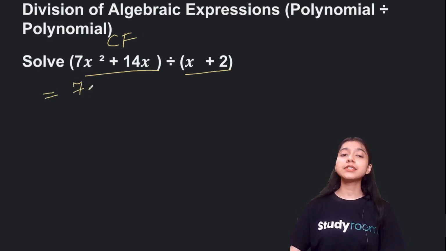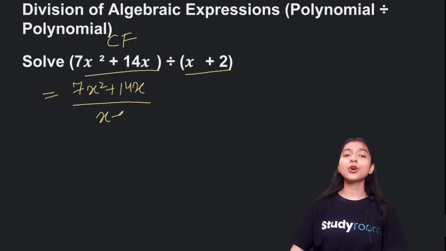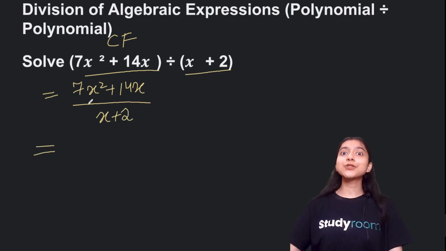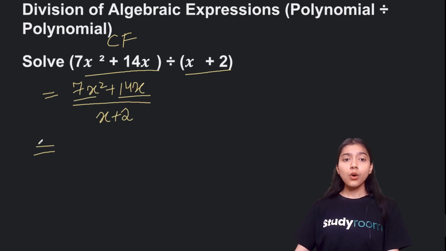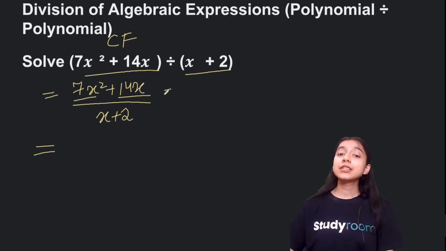So we have 7x square plus 14x, and we have to divide this with x plus 2. Now, we'll be taking out the common factors from the dividend, that is 7x square and 14x. What are the common terms? Let me first break it down. 7x square can be written as 7 multiplied with x multiplied with x.